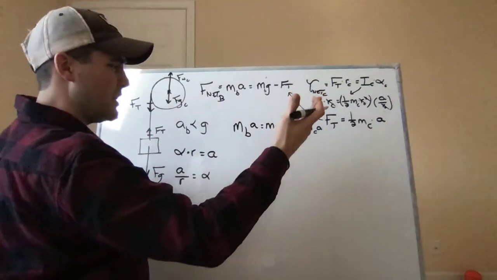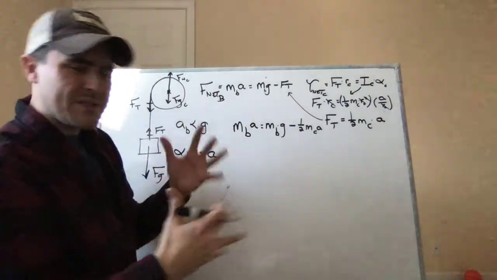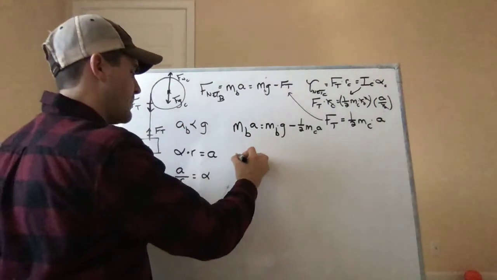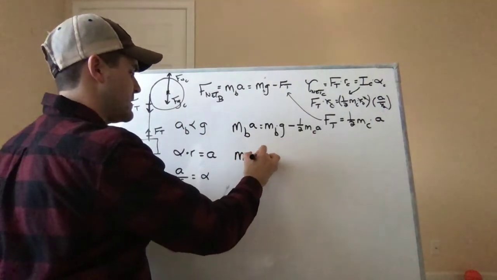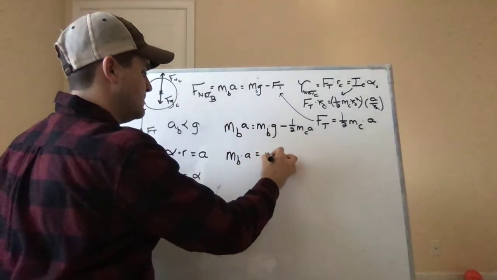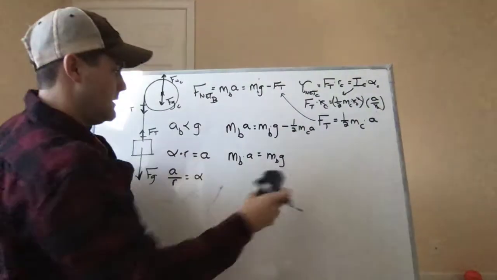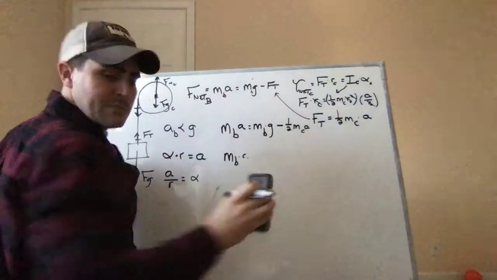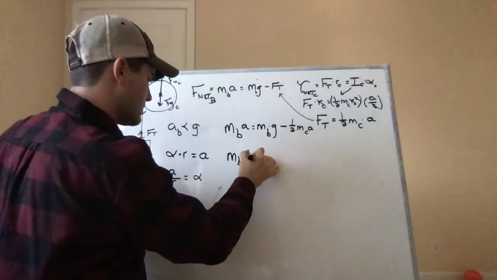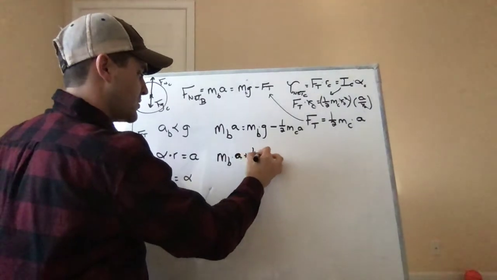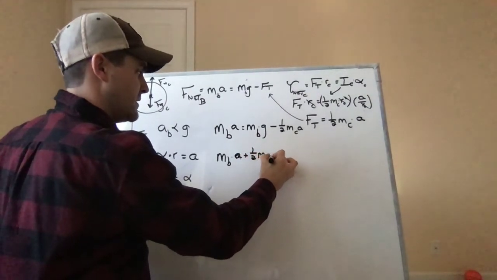I've got a on both sides, so I'm going to clean that up a little bit and rewrite it. Mass of the bucket times a. Oh, I messed up already. This is plus 1/2 mass of the cylinder times a.